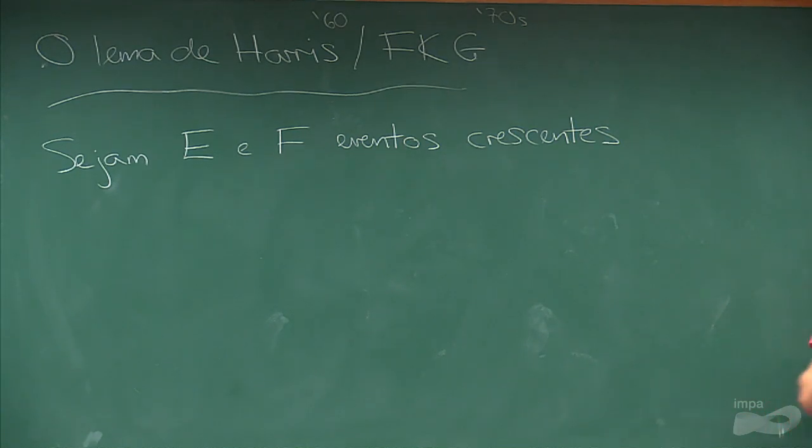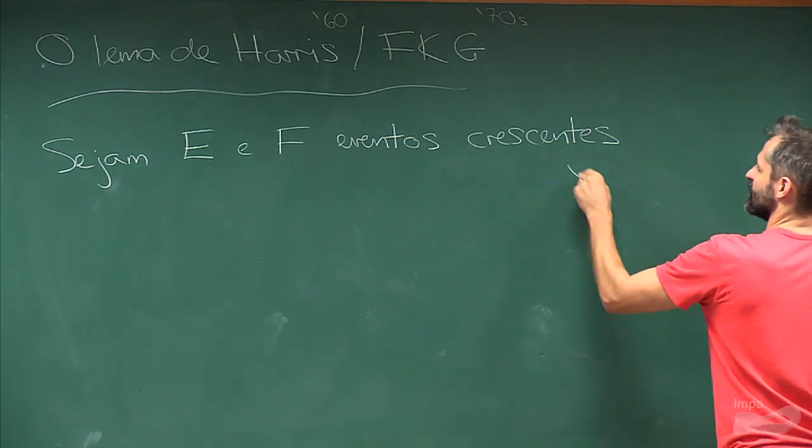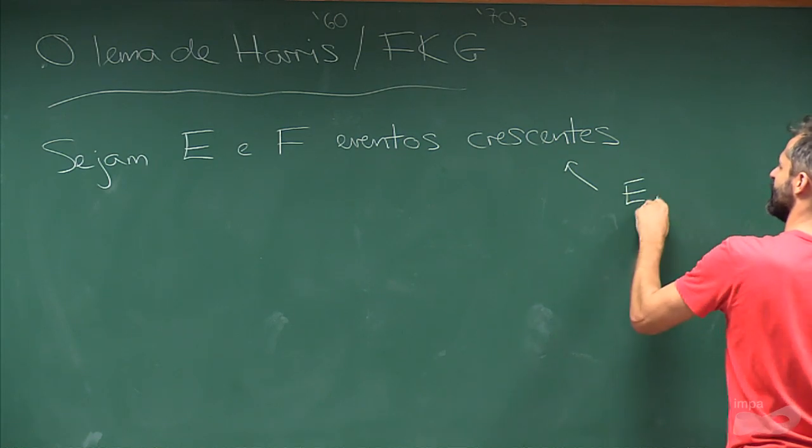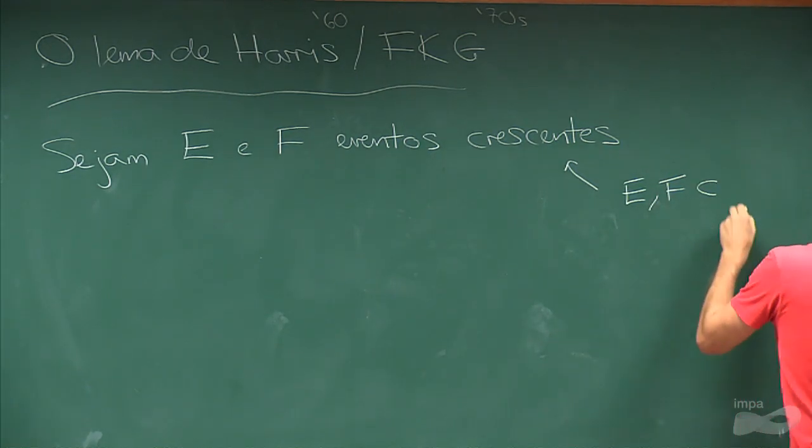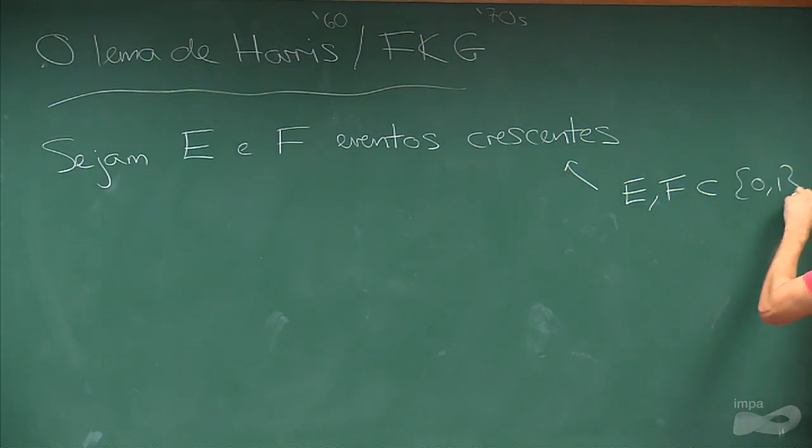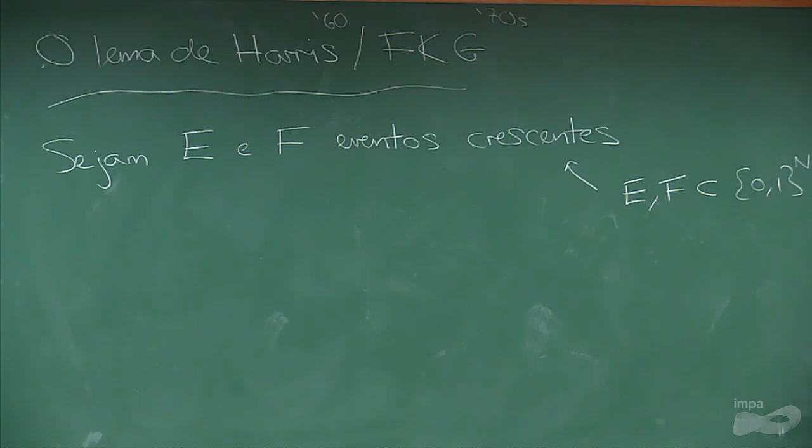So what I mean by that is, I'm going to think of E and F as being subsets of 0, 1 to the n. So you could think of this n as being little n choose 2, and these 0s and 1s encoding edges being present or not.